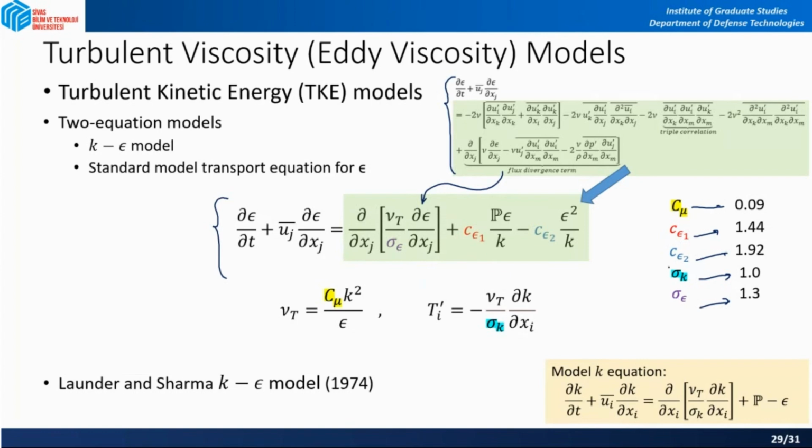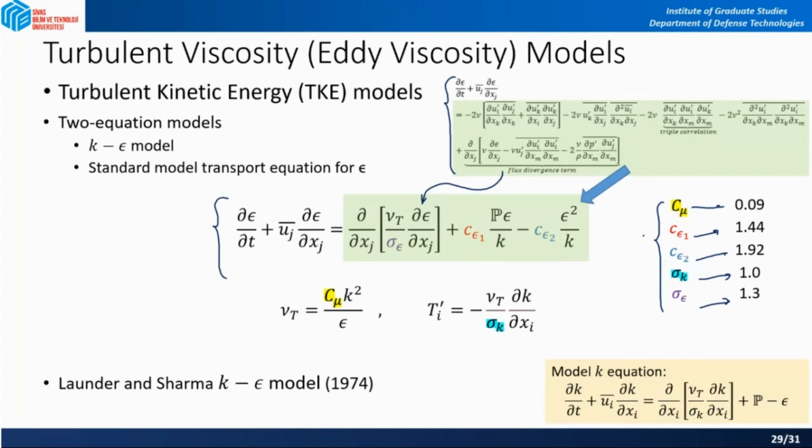So these are those five constants that I was talking about, and you see a list of these in here. The values are the default values for the constants, proposed by Launder and Sharma back in 1974 for the standard K epsilon model.